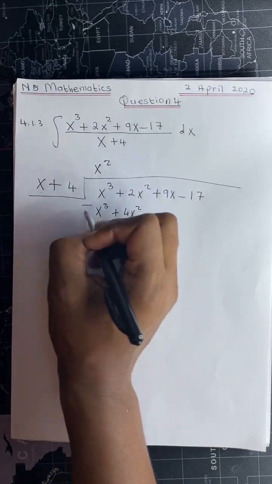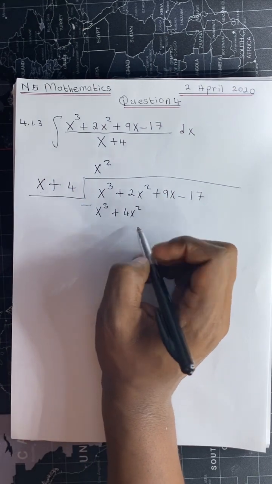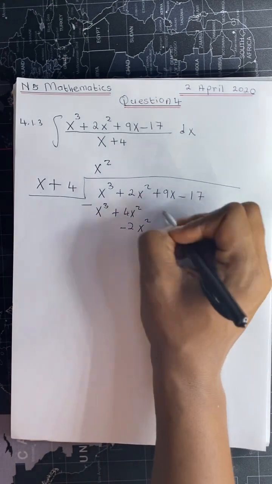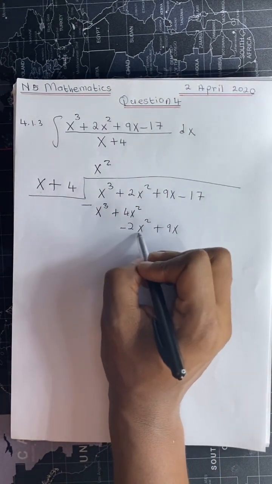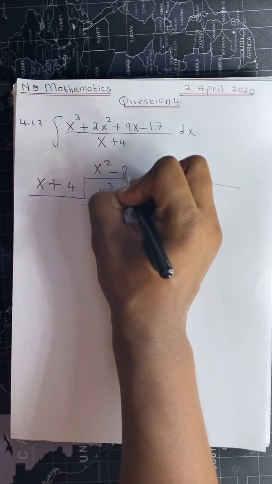From here we minus, so x cubed minus x cubed will be 0. 2x squared minus 4x squared will be equals to negative 2x squared. We bring down that positive 9x. So we divide this negative 2x squared by that positive x, and this will be equals to negative 2x.